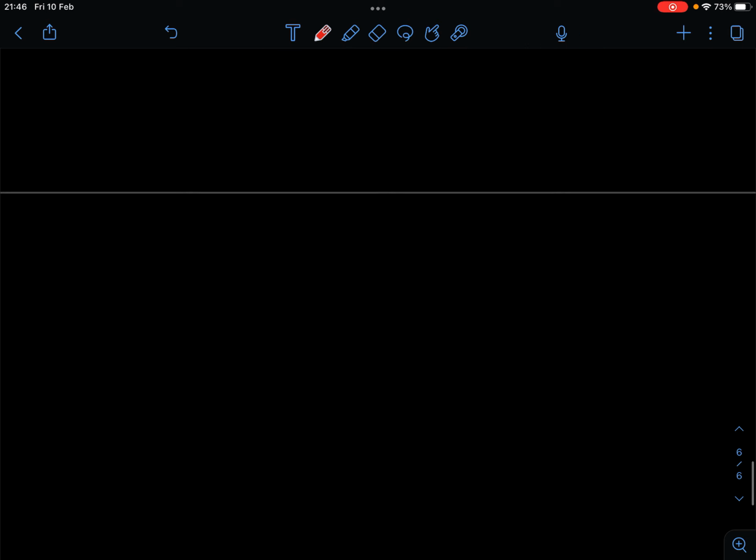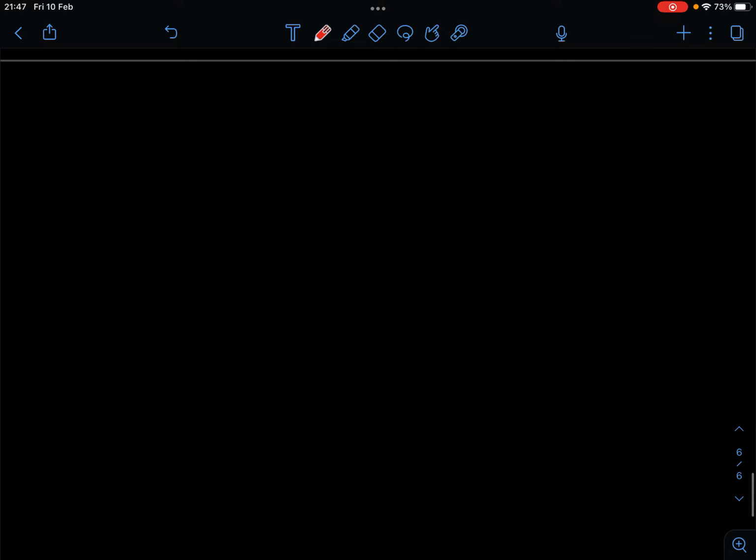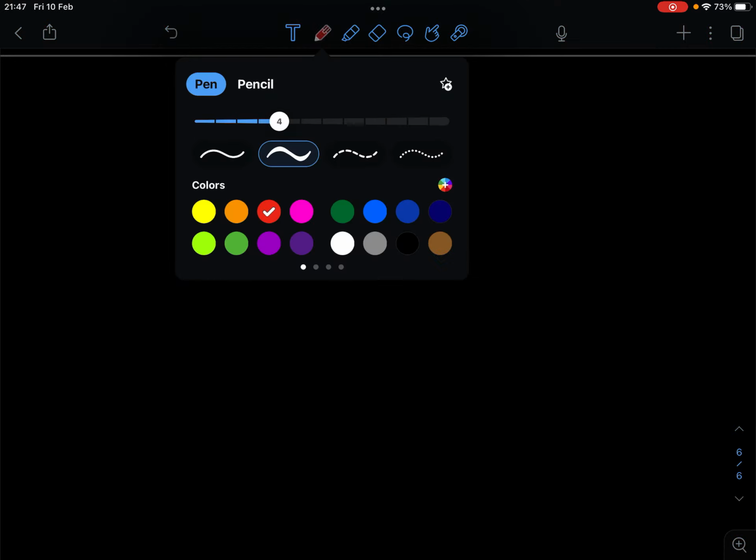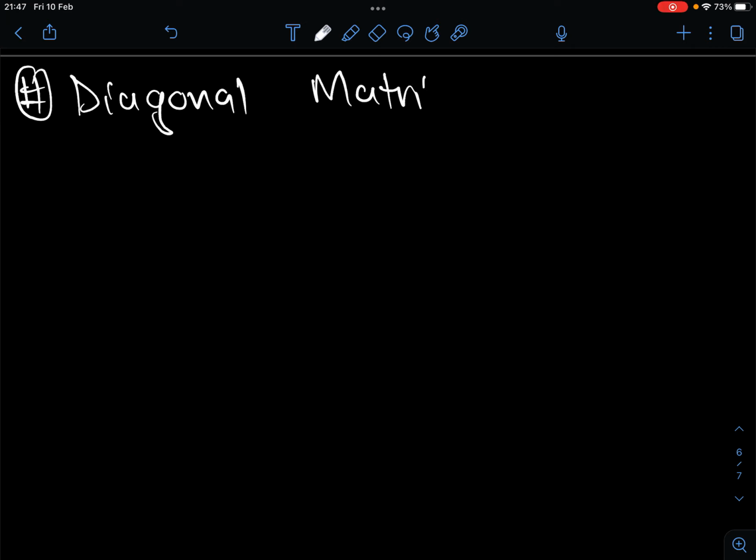Then we also have what we refer to as diagonal matrices. These are very special matrices because they play a huge role in the solution of linear systems. So it's very good to at least have an idea of what we mean when we say a matrix is diagonal.